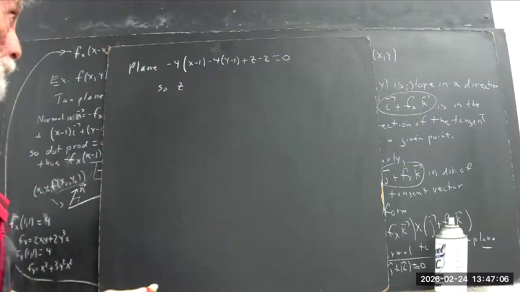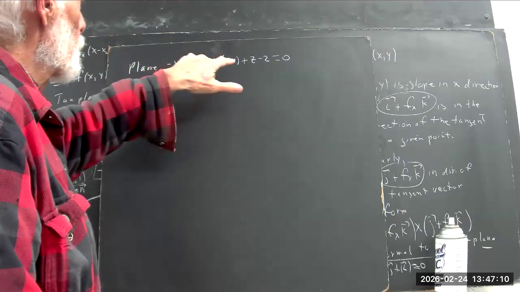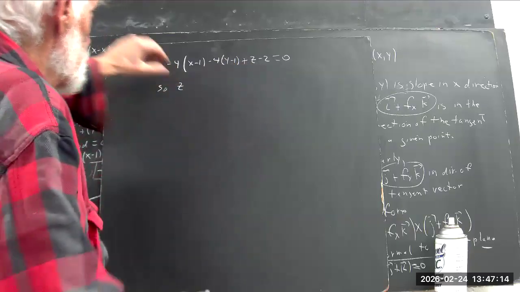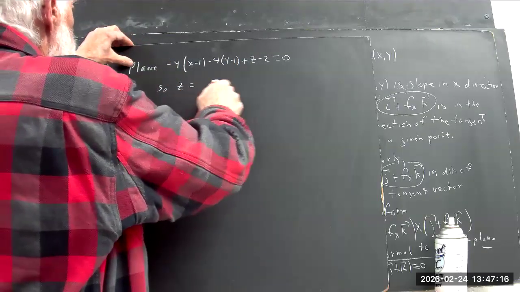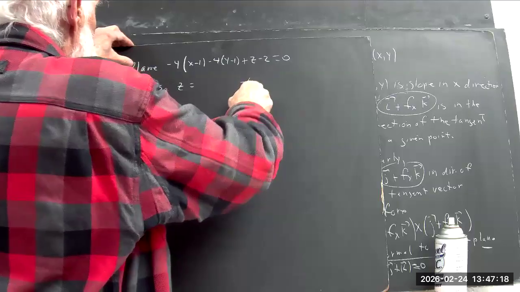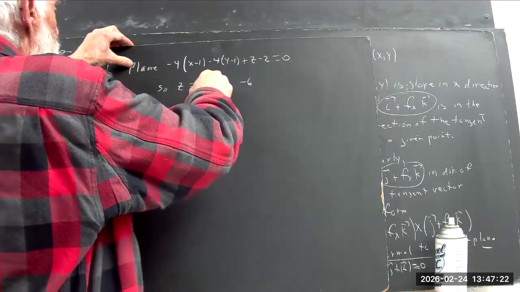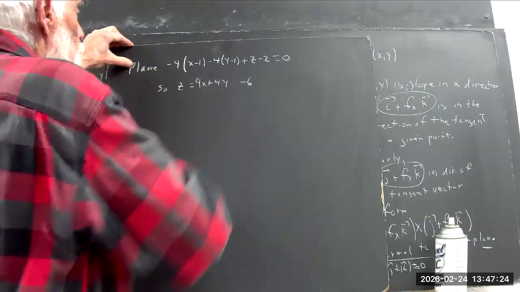We can solve that for z very easily. Let's see, we're going to get plus 4 here, and plus 4 here is 8. 8 minus 2 is 6. So z equals something minus 6. And the other something is 4x plus 4y.